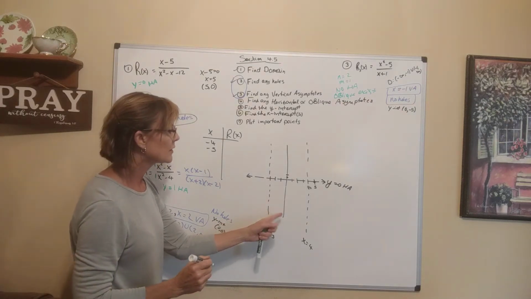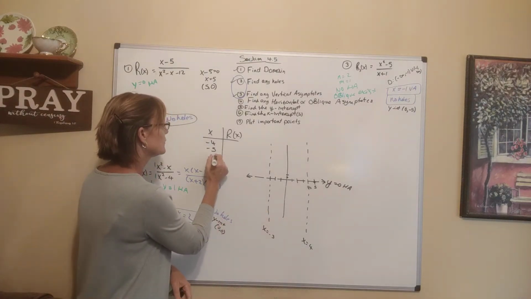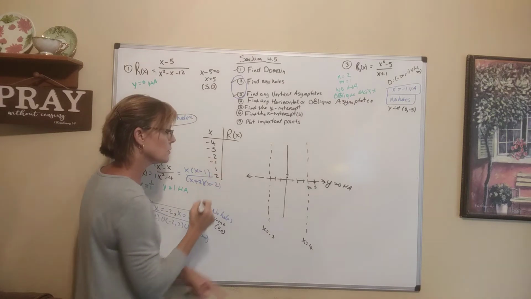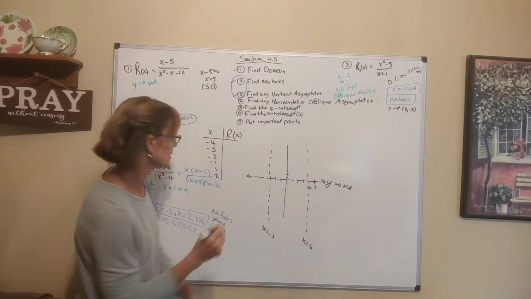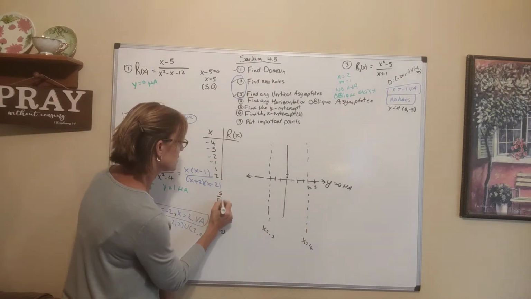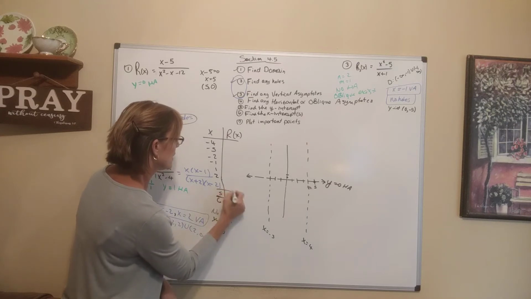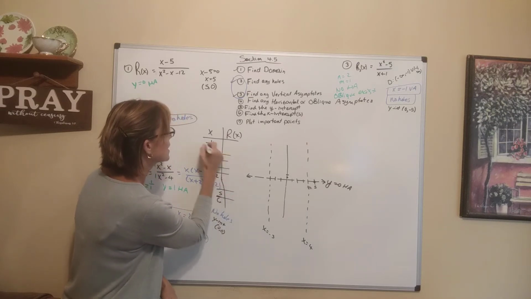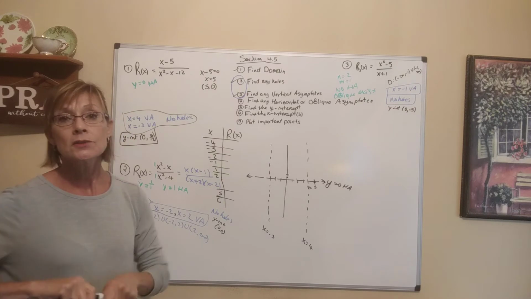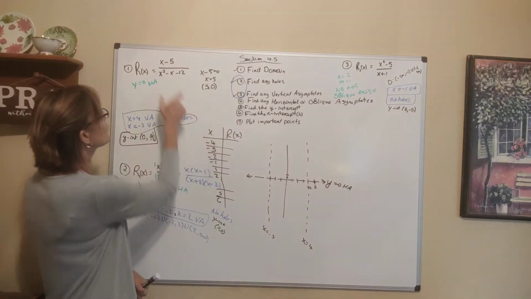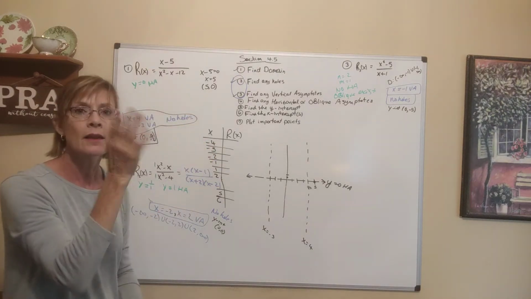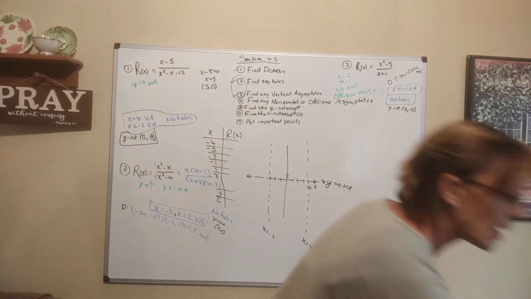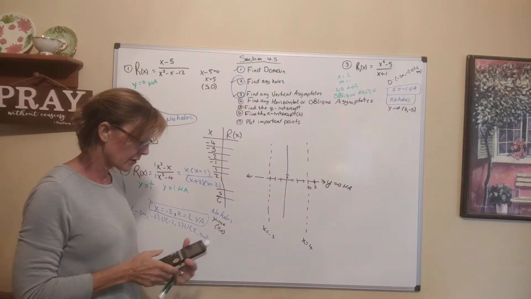Maybe negative 2, negative 1, 1 and 2. Maybe 5 and 6. On that side, that would help me know what was going on with this guy. If I wasn't allowed to use a graphing calculator, I would put negative 4 into this function and calculate it.